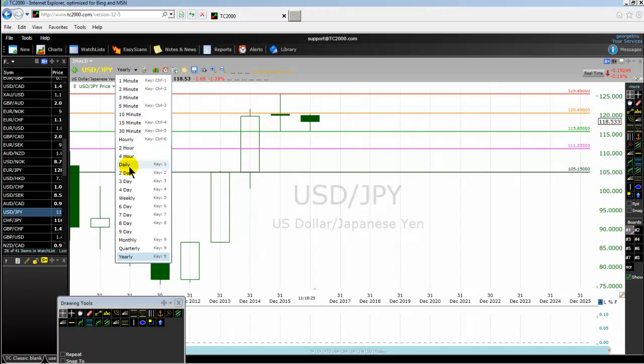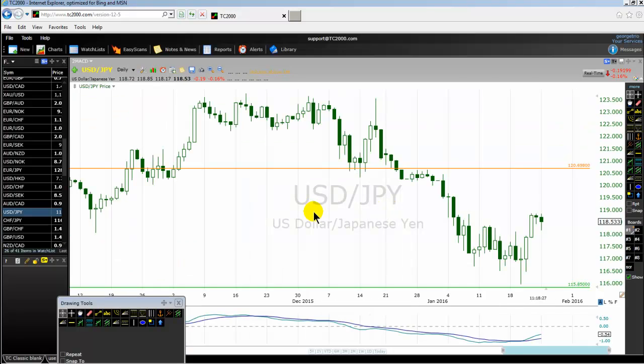If we go to the daily chart, remember, the price structure will determine our trading strategy. In other words, the price structure commands the trading strategy.